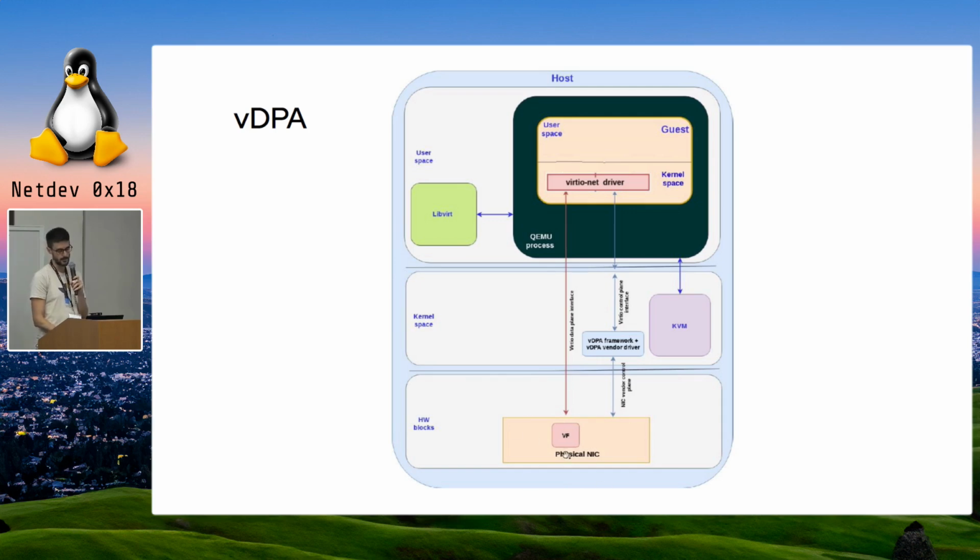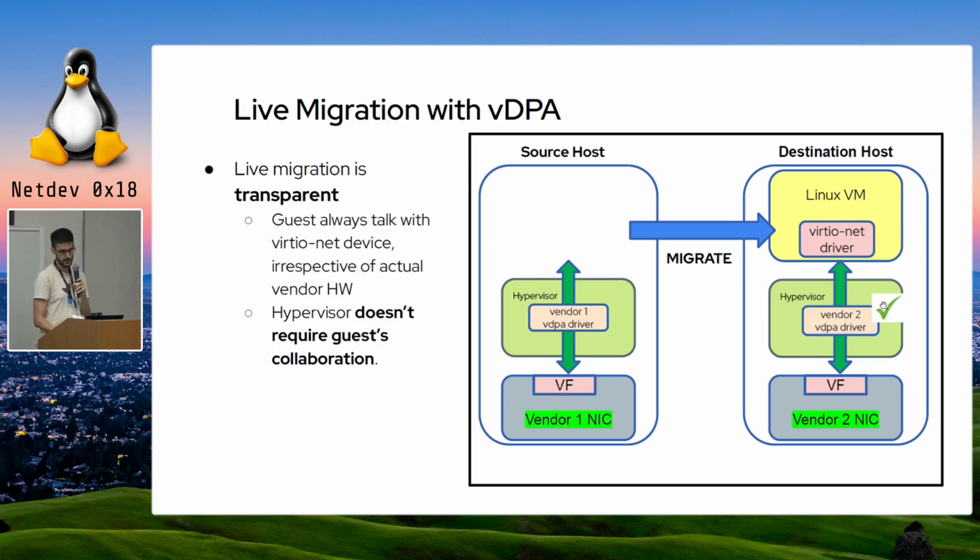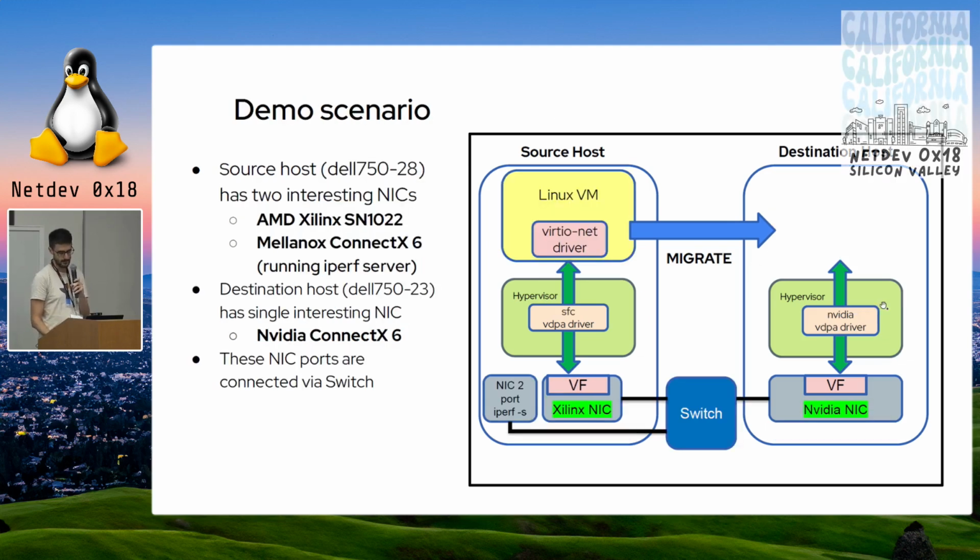So the physical NIC or the virtual function only needs to implement that data plane, and the vDPA framework in the Linux kernel is able to translate these control plane messages to vendor-specific messages. So with vDPA, we are able to do all of that migration because the guest has only the virtio-net driver. So it's able to migrate, and then it's in the destination, and everybody is happy.